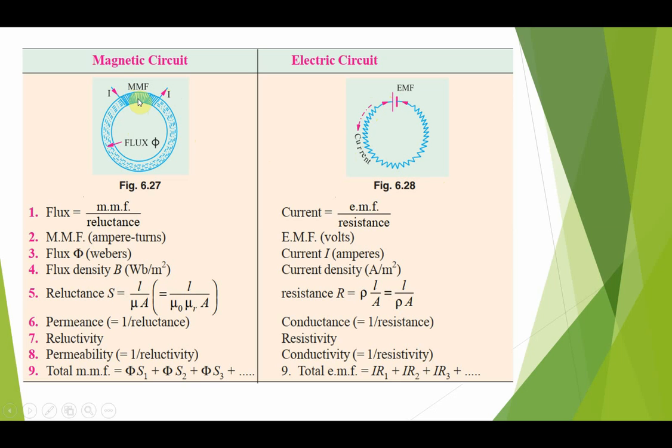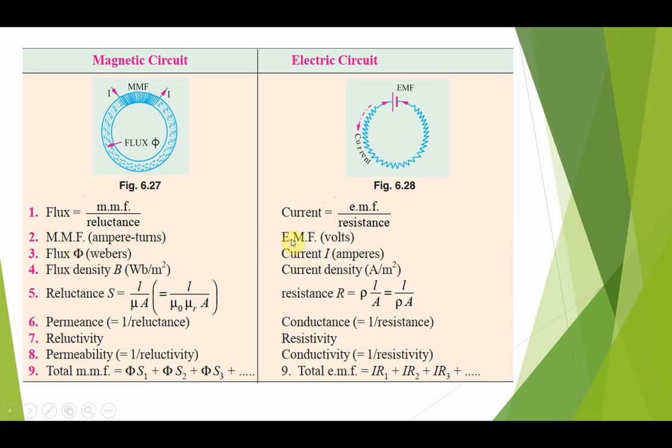A flux is produced which flows in this circuit. So in an electric circuit a current flows, in a magnetic circuit flux flows. What is flux? Flux is equal to magnetomotive force divided by reluctance. In an electric circuit we have resistance, in a magnetic circuit we have reluctance.